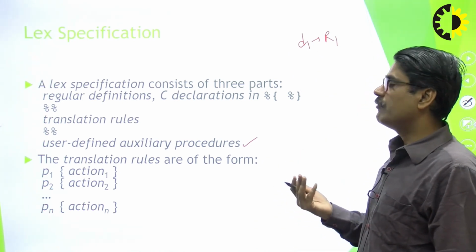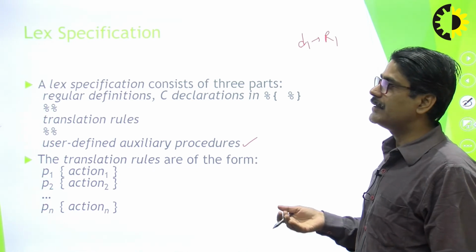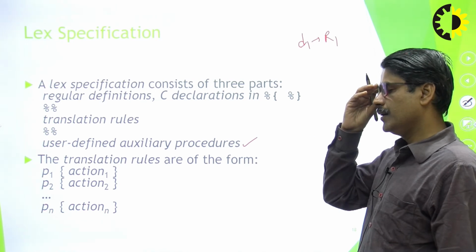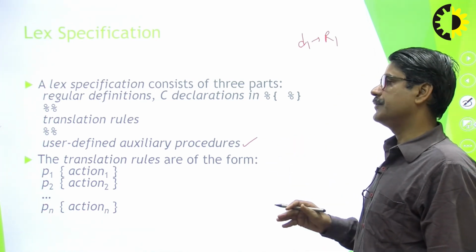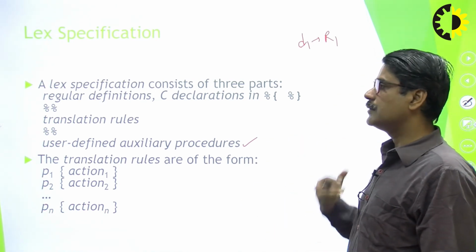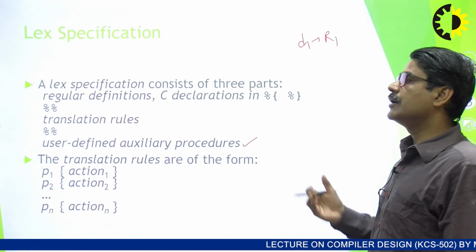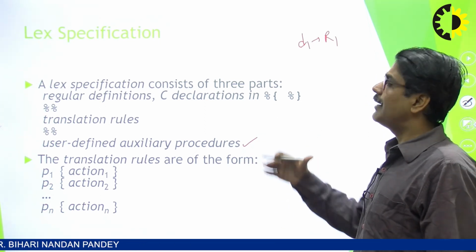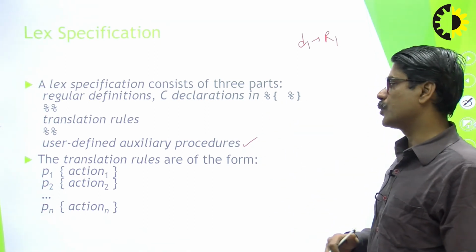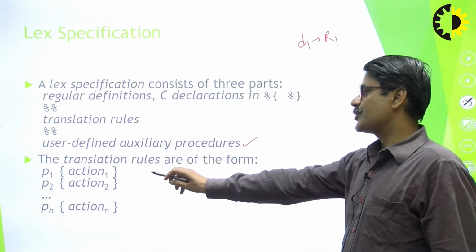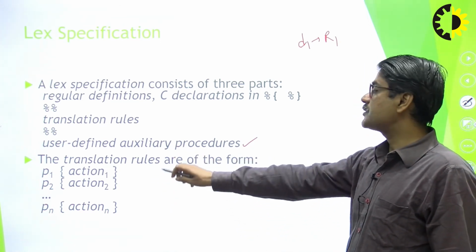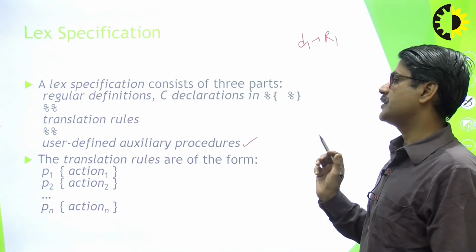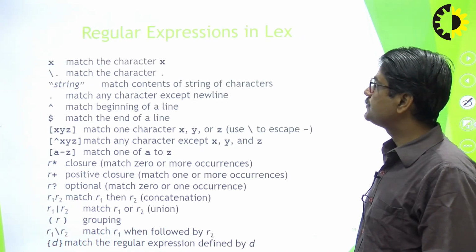Translation rules identify that a token has been generated through program fragments, like return 1 or any return message. User defined auxiliary procedures are procedures we define for generating those codes. So a translation rule is P1 action 1, where P1 is the regular expression and the action is what is triggered when we match that regular expression. This is the Lex specification.